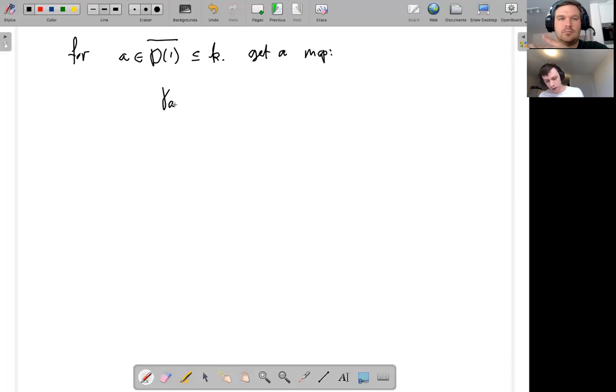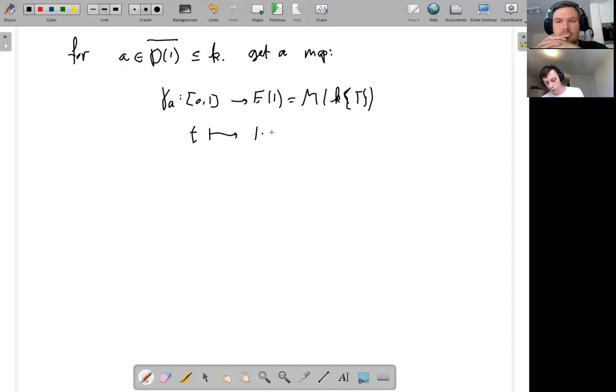I don't know if there's a standard name for this map, but from the unit interval to this space we're interested in, which sends the value T to the norm that you get by taking a disk with center A and radius T.